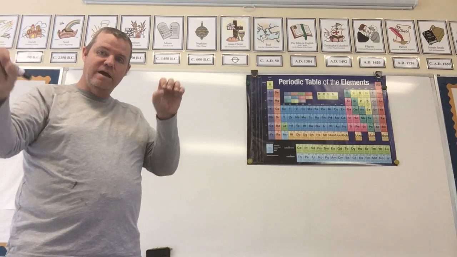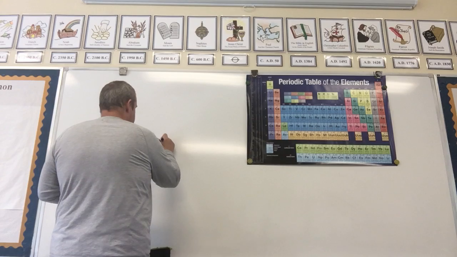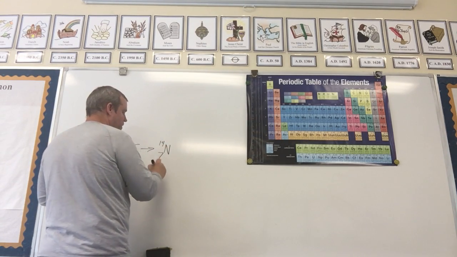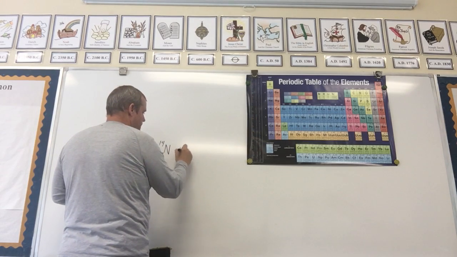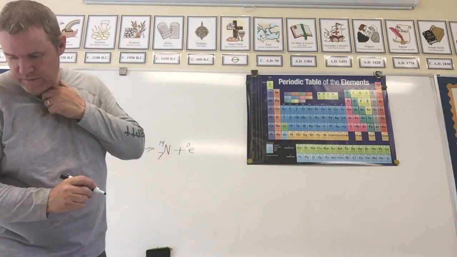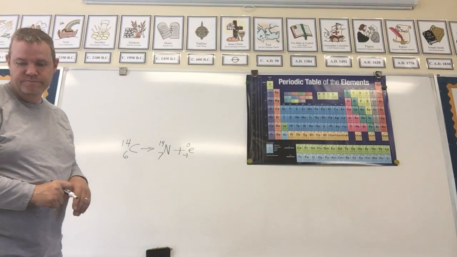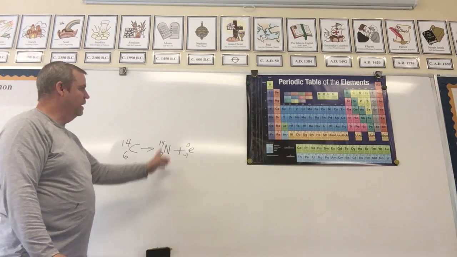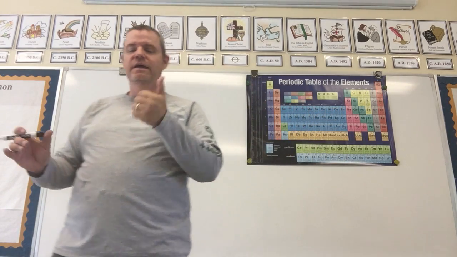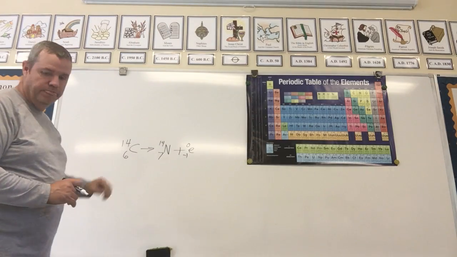When you take a negative part out of it, it leaves a proton, so the atomic number went up one. Now it becomes nitrogen-14, and it added one proton, and there was an electron with a -1 here, plus there's going to be some energy. So the carbon becomes nitrogen. When you have a beta decay, it goes up one. When you have an alpha decay, it goes down two.